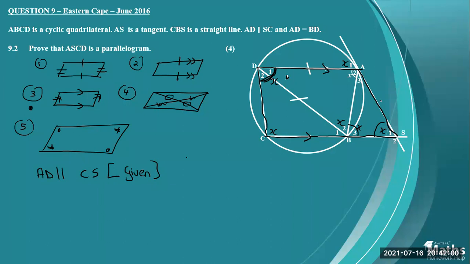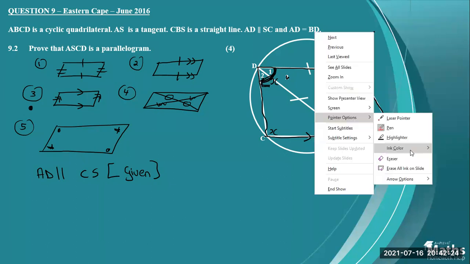I have A1 is equal to D1 plus 2. Do you see this? So what does that mean? It means that this angle and this angle are equal. And can you see it forms a Z?